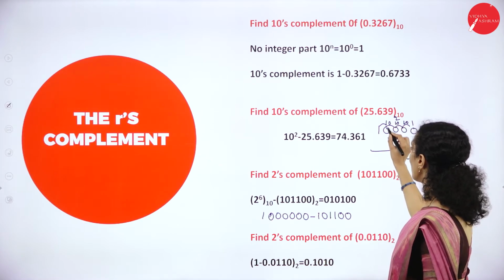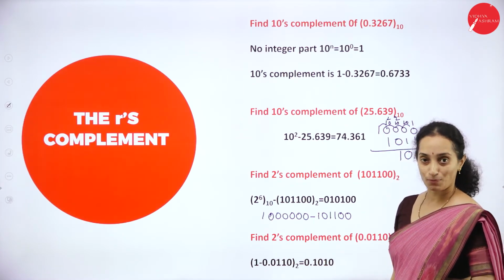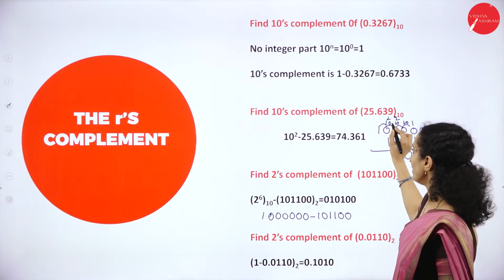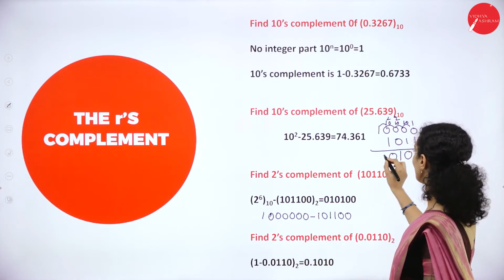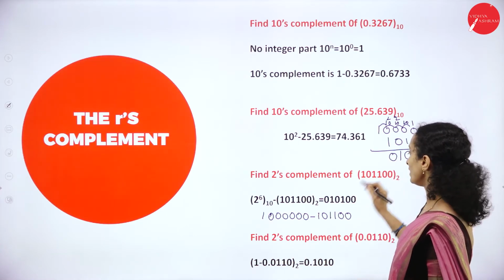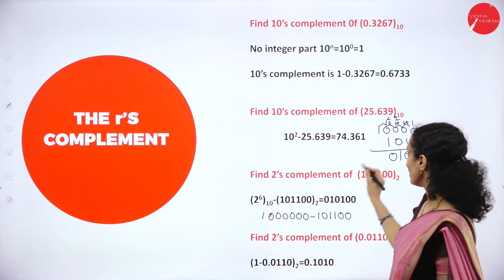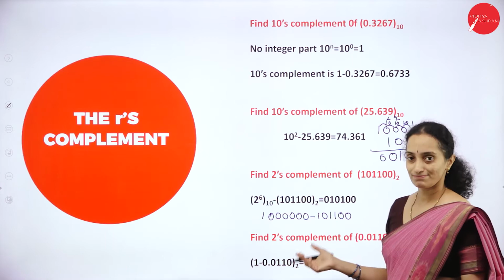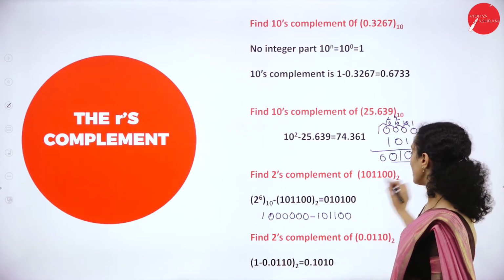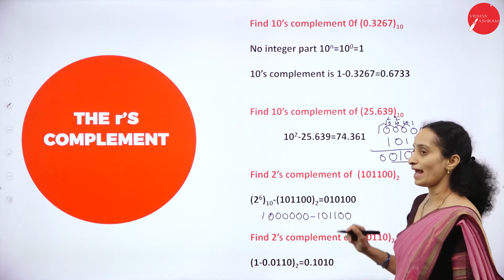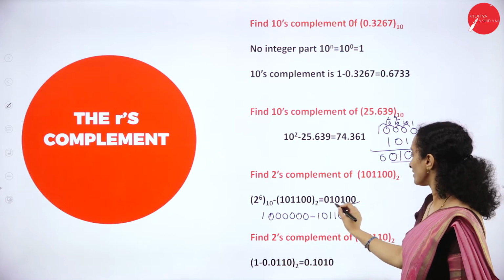Now again, from 2, 1 is taken as borrow. Now 1 remains. 1 minus 1 is 0. So we get 010100. Now nothing remains, or you can take it as 0. There is no problem. Or else, since the original number has only 6 digits, you can restrict the answer to 6 digits only.